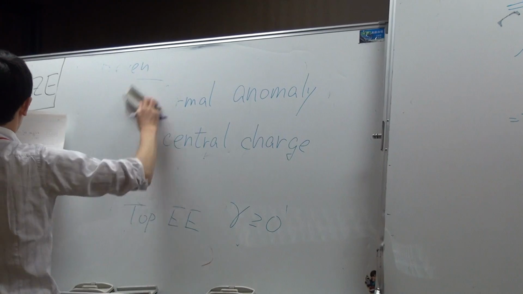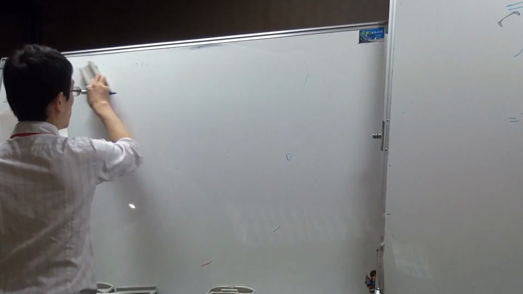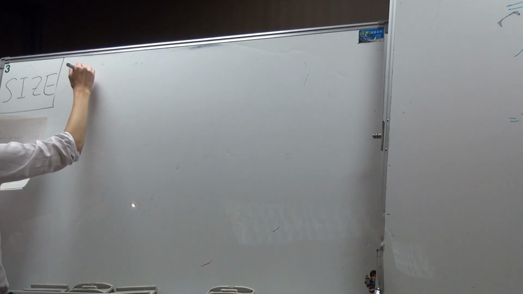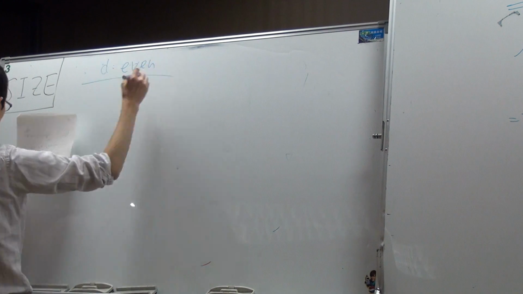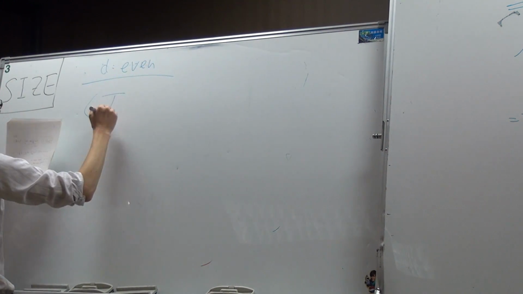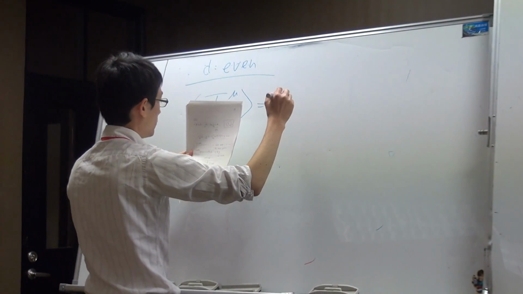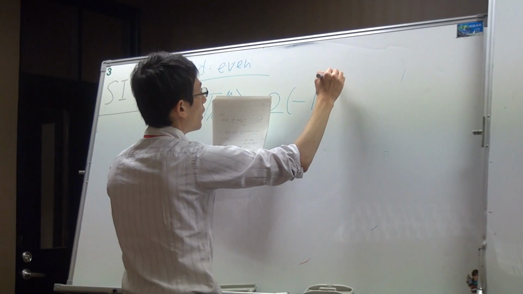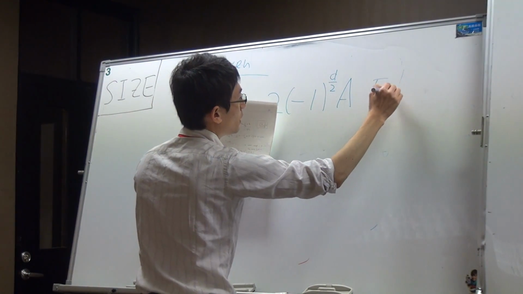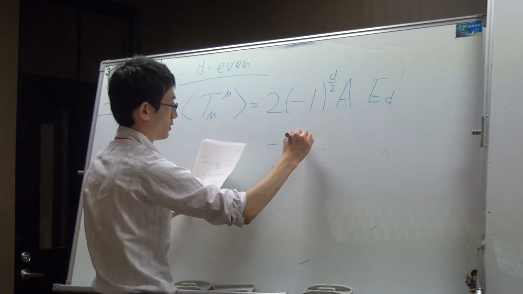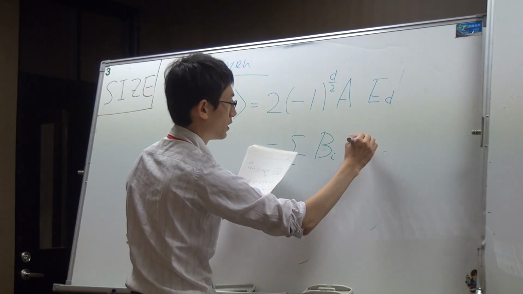So in even dimension, the stress tensor is known to have an anomaly, and in my notation I have A times the Euler density minus the others.